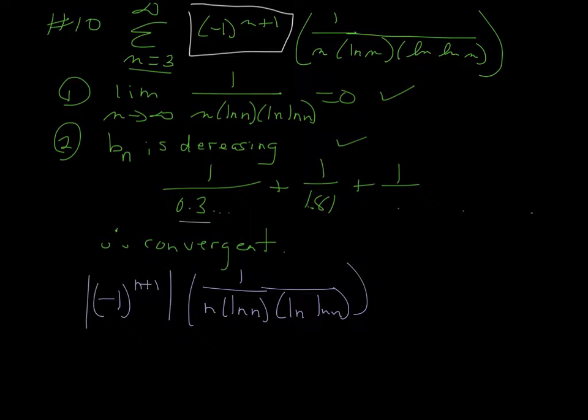We started up here with the first few terms, and you can see that it looks very much like the harmonic series, where it's going to be adding on another term, another term, another term, and it's going to diverge. So the absolute value of this series diverges. It's only because of the minus 1 to the n plus 1 up here that this series converges, because it's an alternating series. And so we say, therefore, that this series converges conditionally.